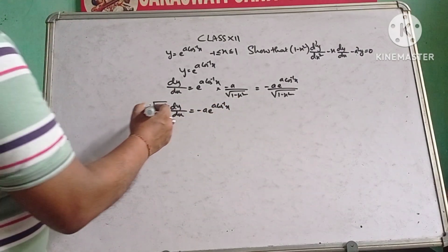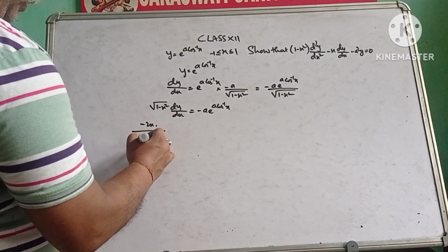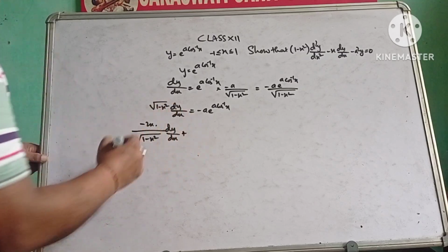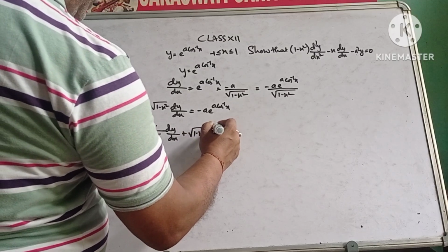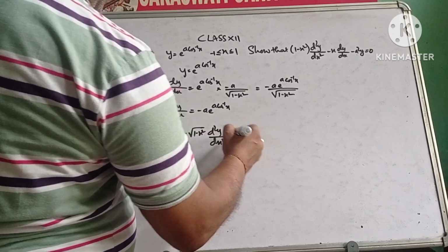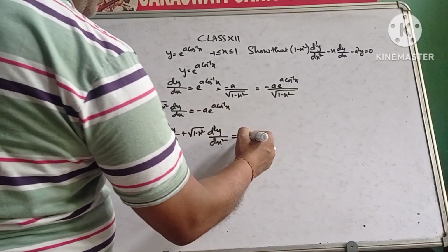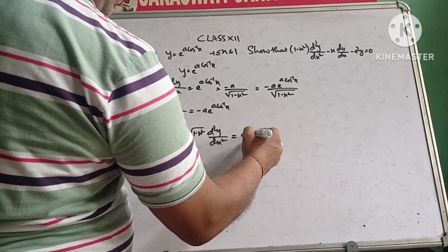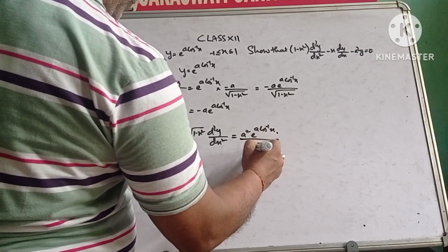Now here this will be the product rule, so when you differentiate it, it will come out root over 1 minus x square dy by dx, plus here this will be root 1 minus x square d2y by dx square, and this will be equal to, if you differentiate it, you are going to get a square e to the power of a cos inverse x by root over 1 minus x square.